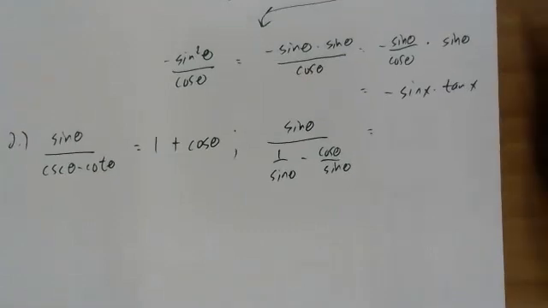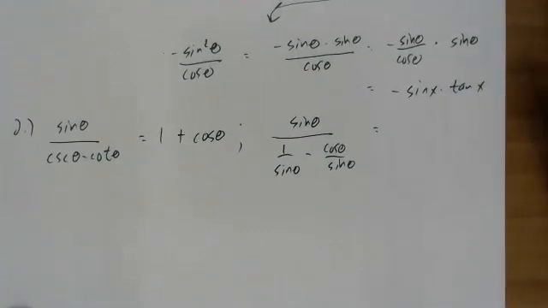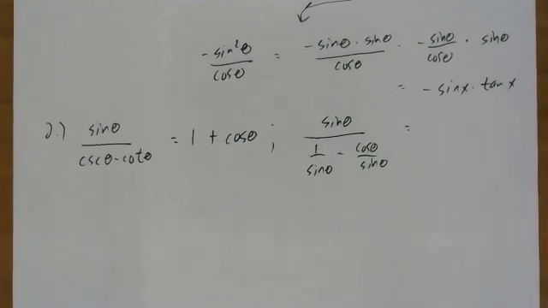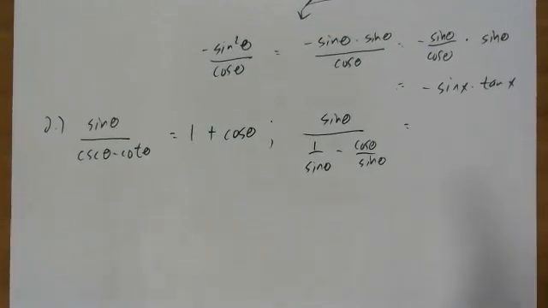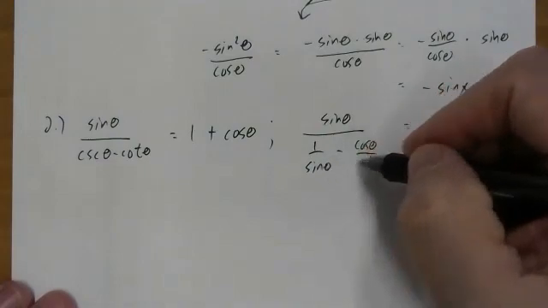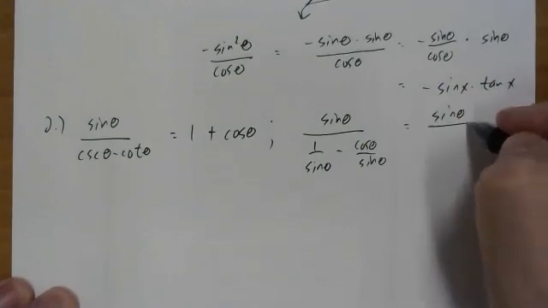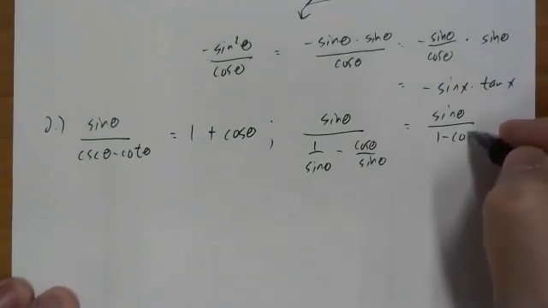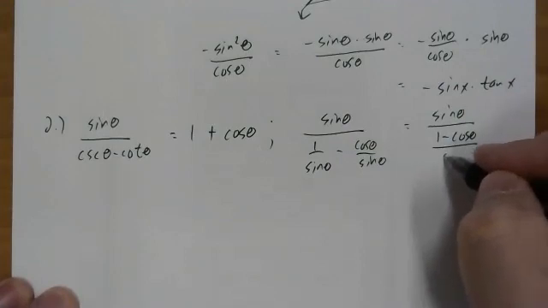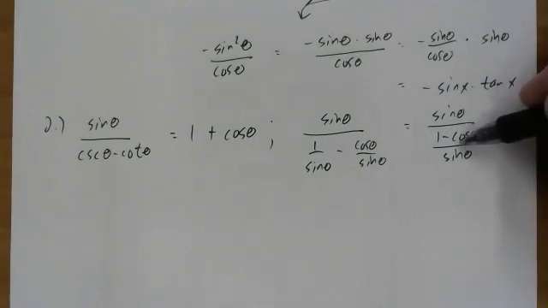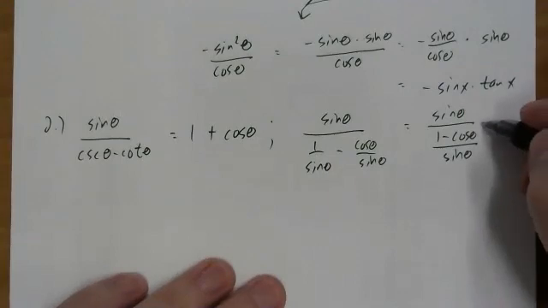And you can see here in the denominator that I already have the same denominator, so I can combine these into one fraction. And one of the rules of complex fractions is when you have this sine, it's going to actually go into the top.